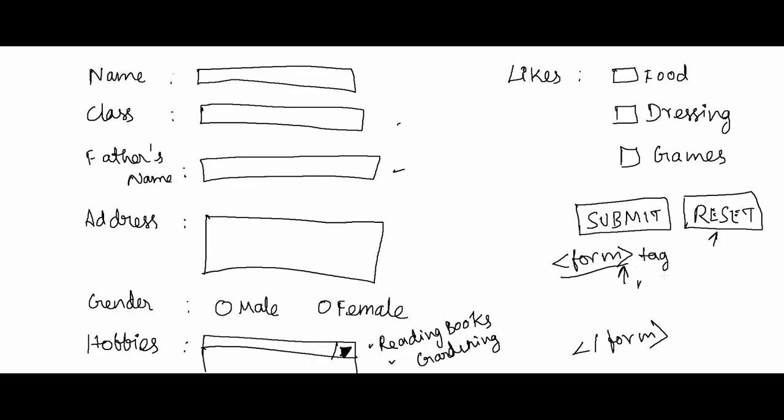In method we have two options, post and get, and the next one is action. Just give the link, like .php. There are still several attributes we rarely use.